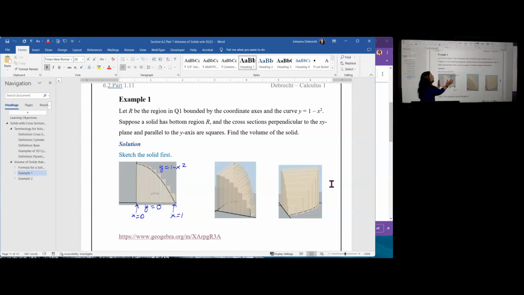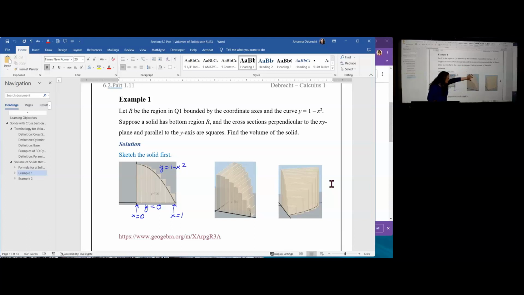Now we need to think about what the cross-section shapes are. You'll have to be told what they are since you can't make an assumption. In this case, the solid has the bottom region, which consists of this half of the parabola, and the cross sections, which are parallel to the y-axis, are all squares.